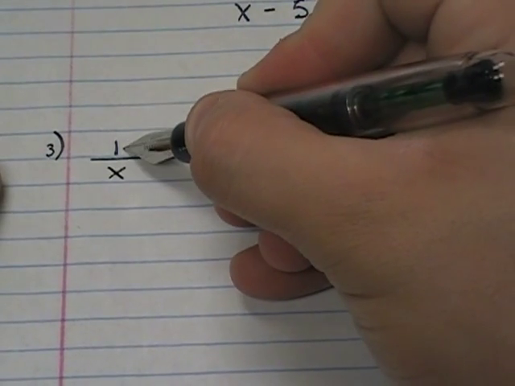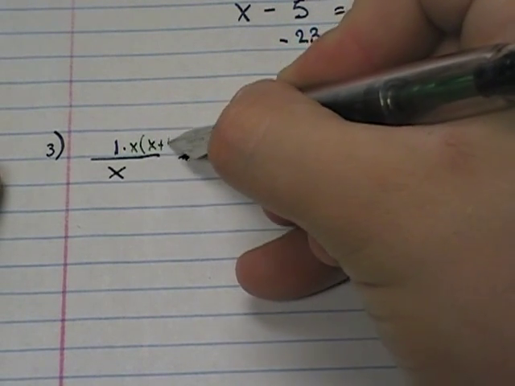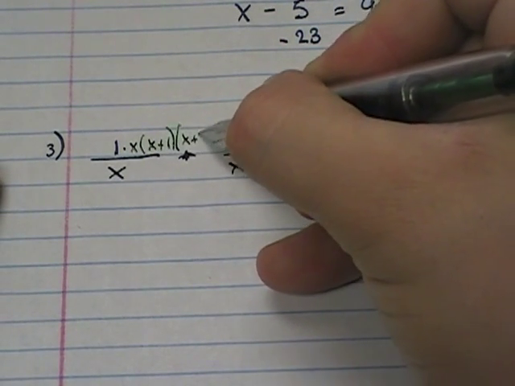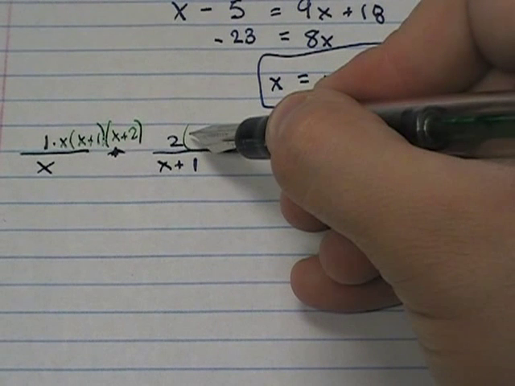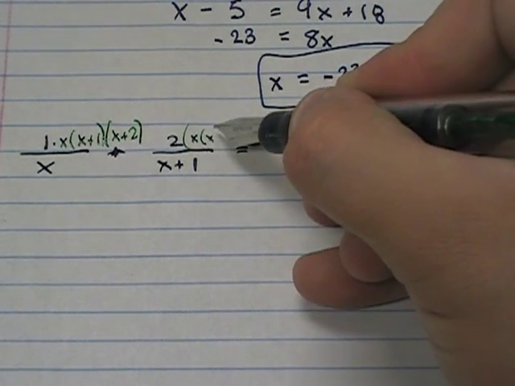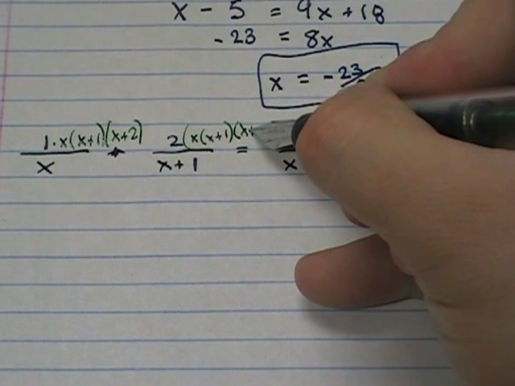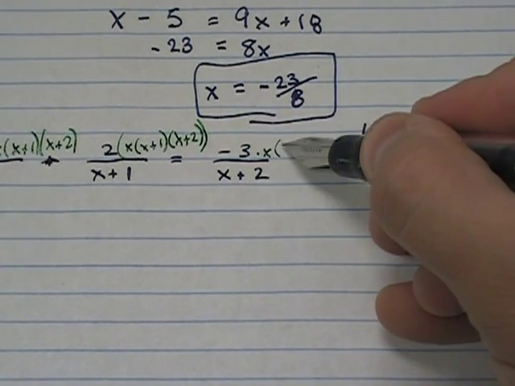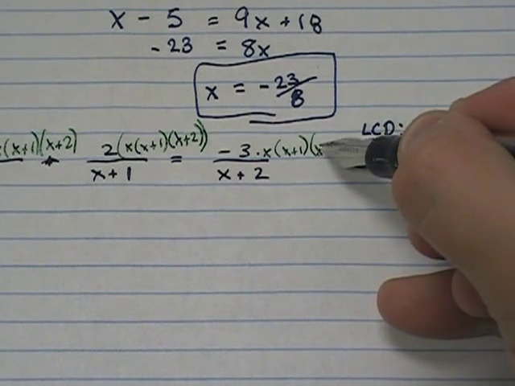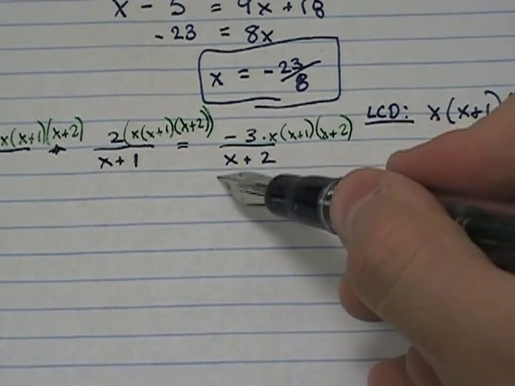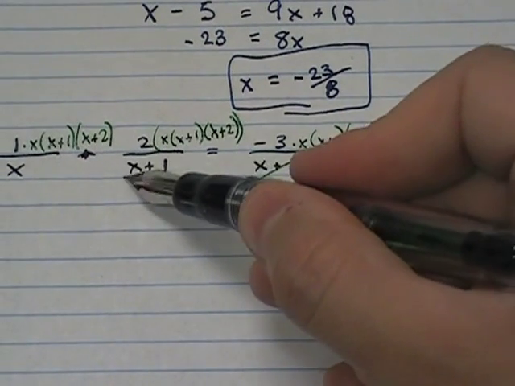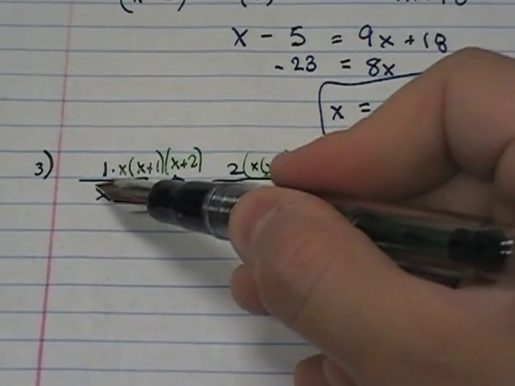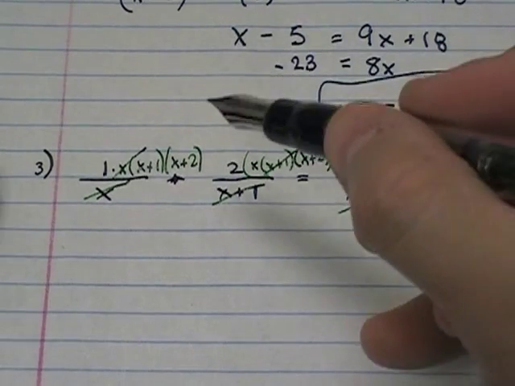So here I'm going to multiply by x, x plus 1, x plus 2. Here I'm going to multiply by x, x plus 1, x plus 2. Here I'm going to multiply by x, x plus 1, x plus 2. The x plus 2's cancel, the x plus 1's cancel, and the x's cancel.